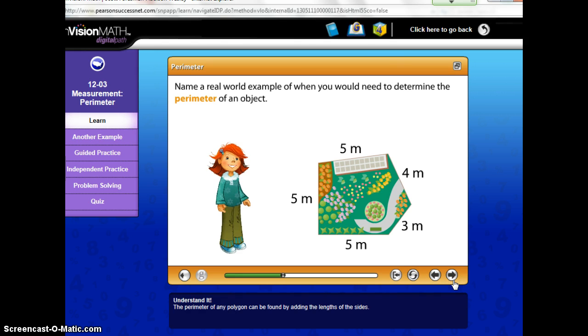Let's think of a real-world example where you might want to find the perimeter of an object. Can you think of something in your life in the real world where you might need to know the perimeter? Aiden? My farm. Okay, why would you need to know that? What do you do at your farm that you might need to know how far around it is? Like if we want to put up a fence. Absolutely. Do you have any cattle at your place?